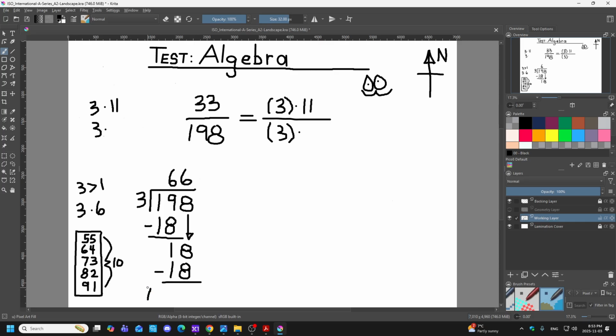We're left with a remainder of 0. This is what we want. Okay, continuing on, that means 3 times 66 equals 198.